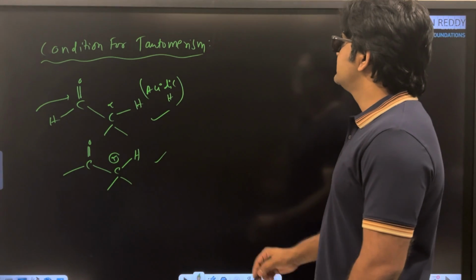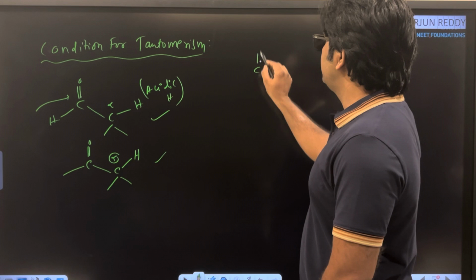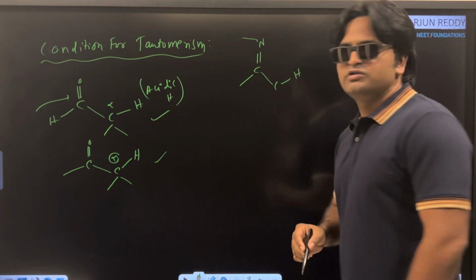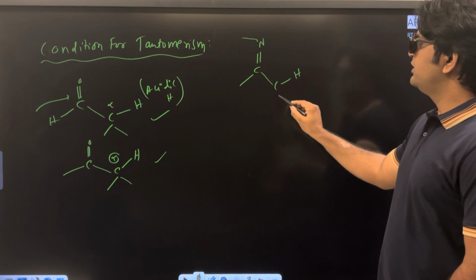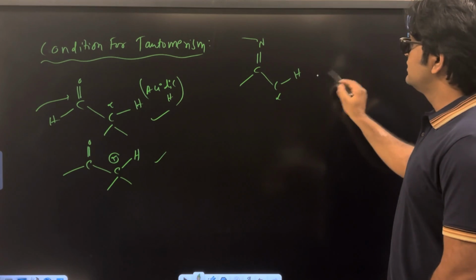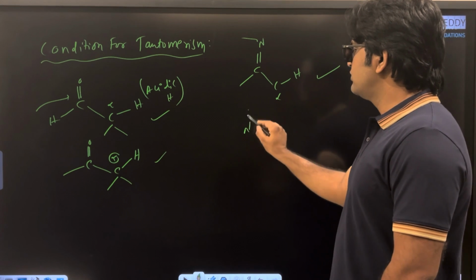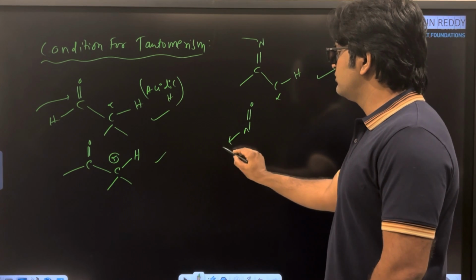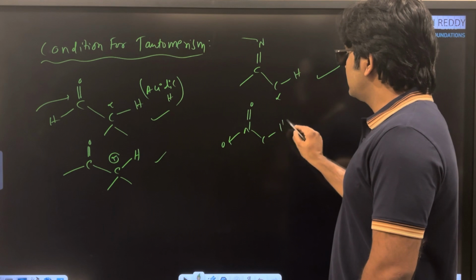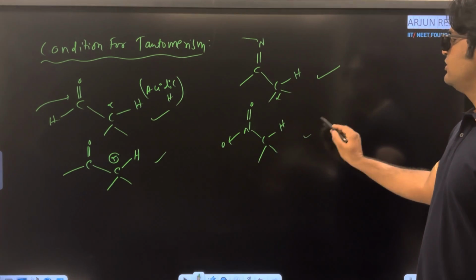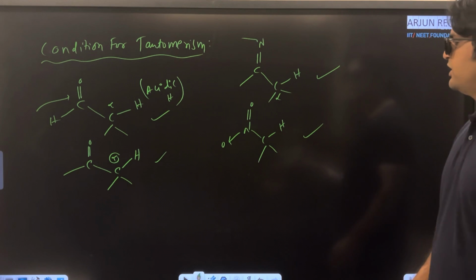Not only these aldehydes and ketones, we can write like this: C double bond N and carbon with hydrogen atom. In imine system, it is considered as alpha hydrogen. This one also shows tautomerism. And even in case of nitro compounds, N double bond O, on the carbon atom I am taking alpha hydrogen. This molecule also shows tautomerism, right?